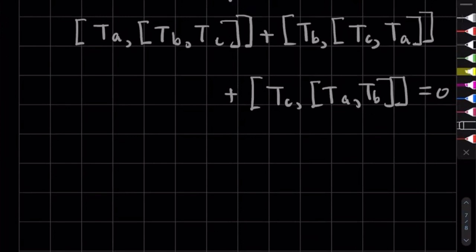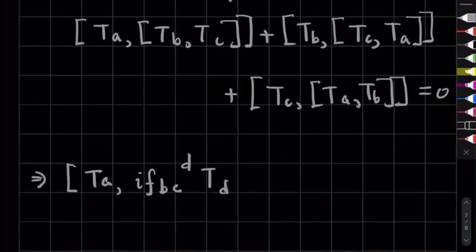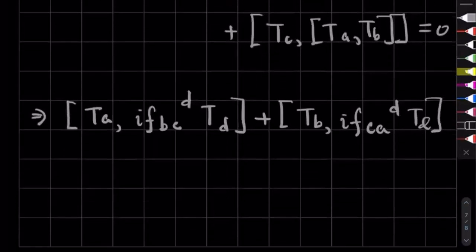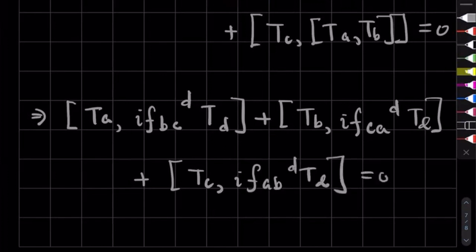If I do this, then in the next step, I get [T_A, [T_B, T_C]] + [T_B, [T_C, T_A]] + [T_C, [T_A, T_B]] = 0.